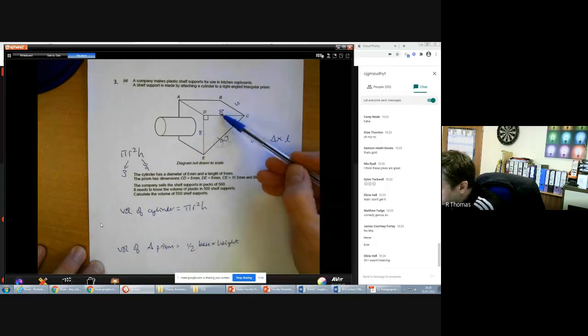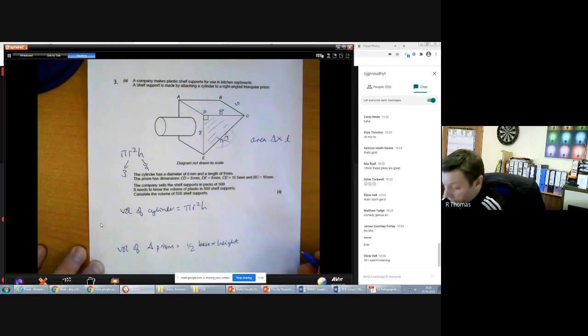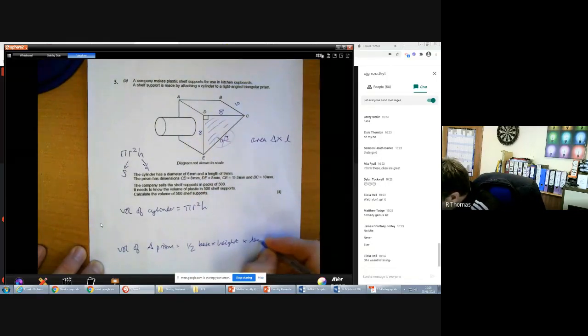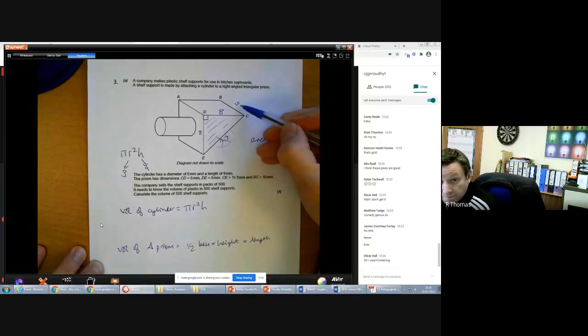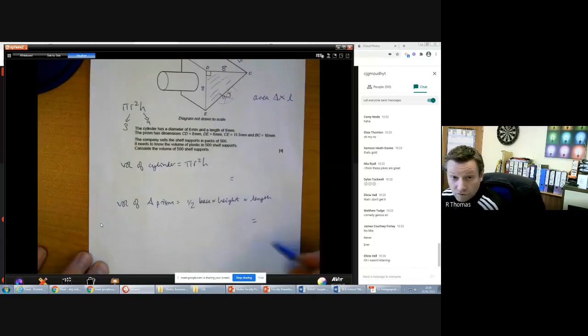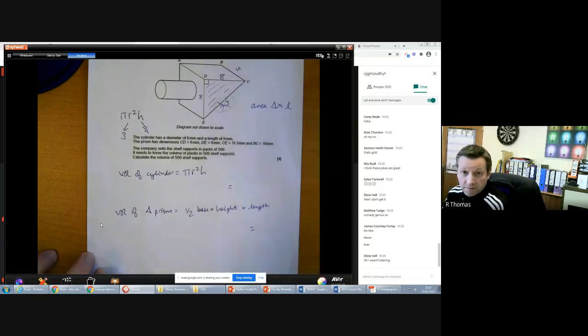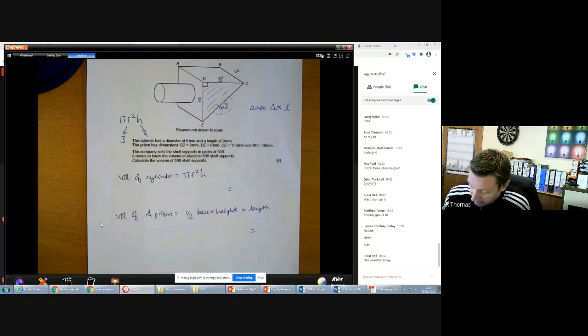And once I've got that, I then times it by the length it goes back, which is this number here. So chuck those numbers in a calculator, get me an answer. Add up those two answers to get the total volume of one of these supports, and then multiply it by 500 to get the final answer. All right, I'll give you 60 seconds. You're just pressing bits of plastic. All right, off you go.